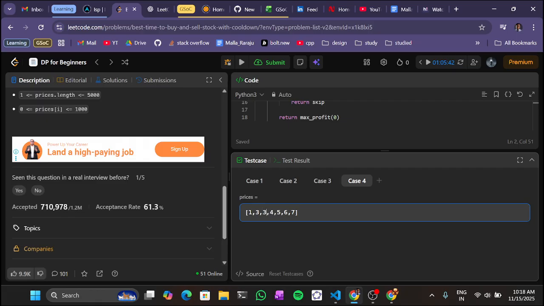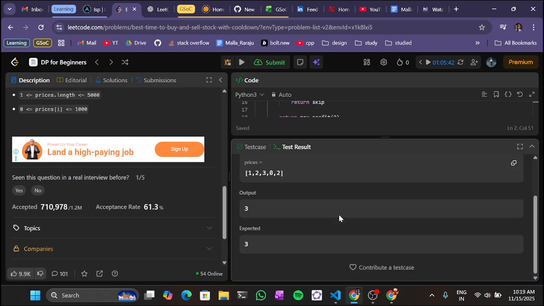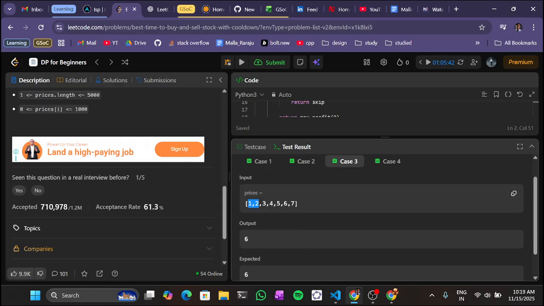and 1, 3, 2, 5. The maximum value we can get is, so 2 comma 1.